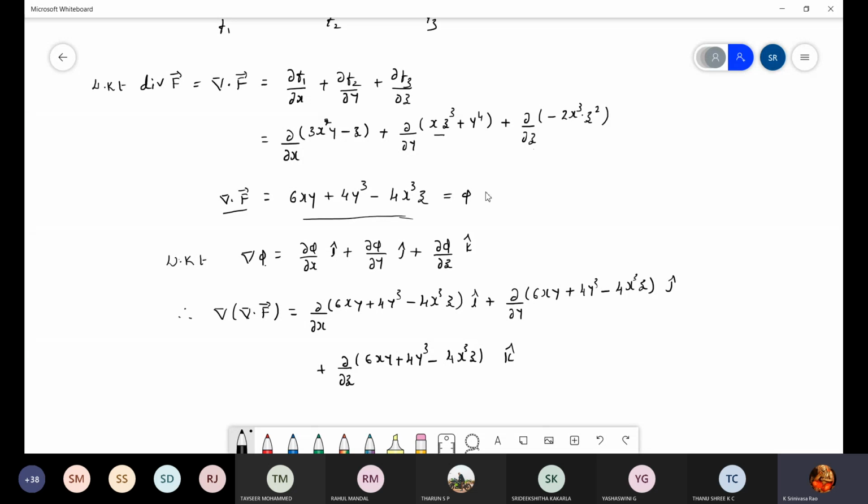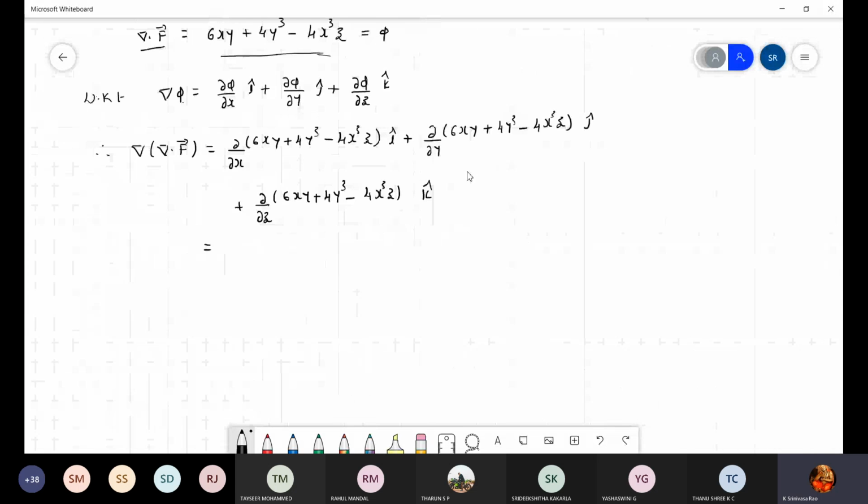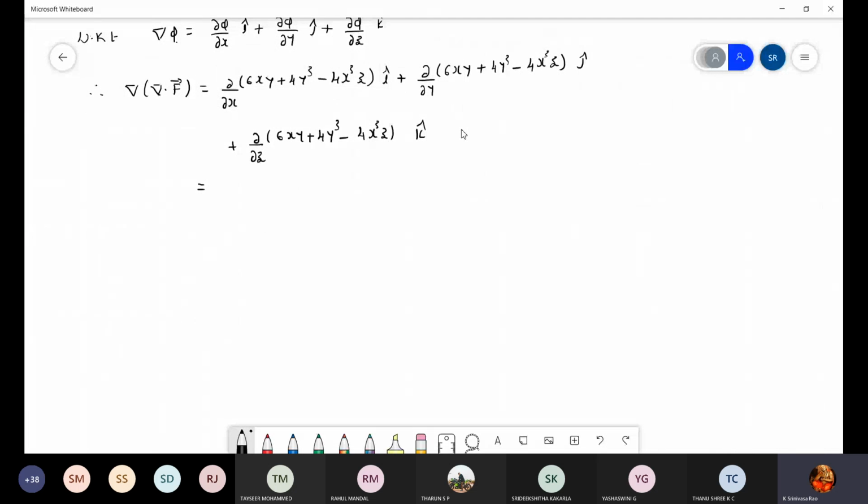So that gives, partially with respect to x, you will get 6y for the first term, the second is 0, minus 12x square z, into i cap. Always the gradient is a vector. Try to understand the concept: divergence is always a scalar, curl is always a vector.